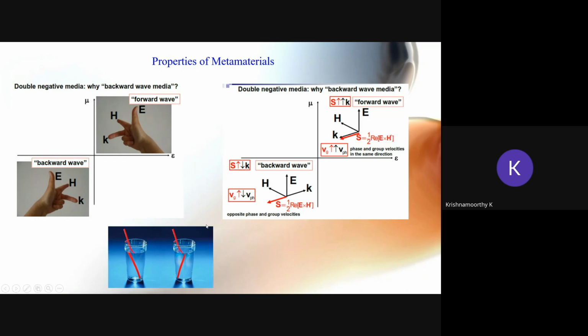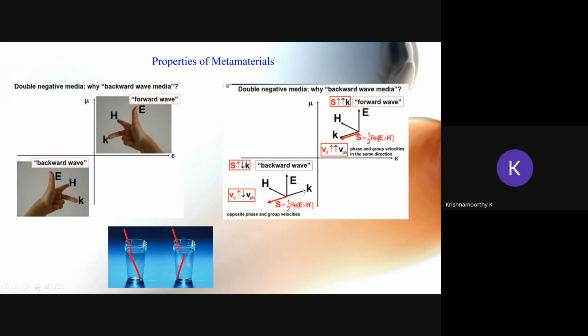Compared to the forward wave, the conventional and left hand medium and right hand medium, the refraction looks like this, entirely in the opposite direction. This is the conventional medium, and this one is the double negative medium. These are all the properties of the double negative medium.